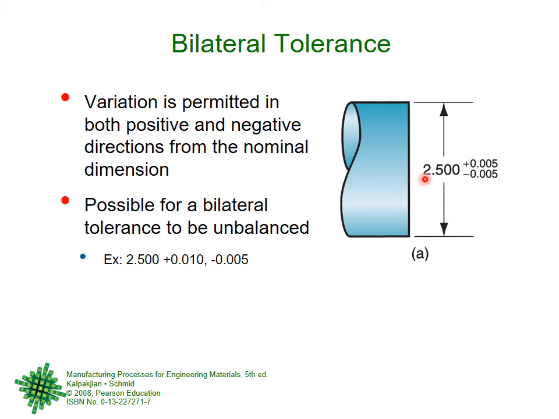You can write it as 2.5 plus minus, both plus minus together, or you can write it like this separately, whichever way you like it. But whenever you specify both the upper and the lower limit, then it is called a bilateral tolerance, and normally this is the standard one in tolerance.